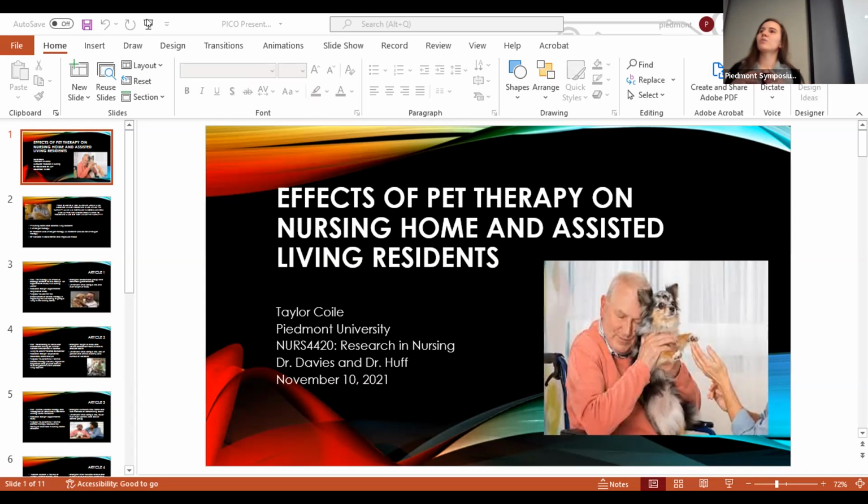So the sample of this study was determined using strict inclusion and exclusion criteria, and the phrase animal-assisted therapy itself was given a very strict definition, just so they had something to compare all the articles to, so they all met the same standard. So they started with 31 articles, but after going through all those criteria, they found that 18 met all the required fields. So they just analyzed and compared those 18 articles.